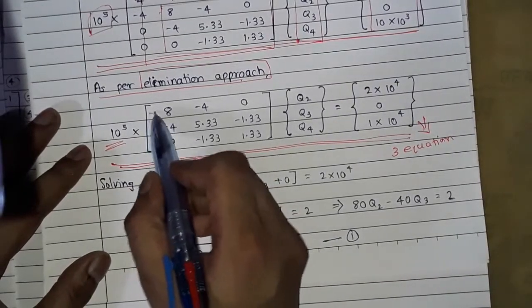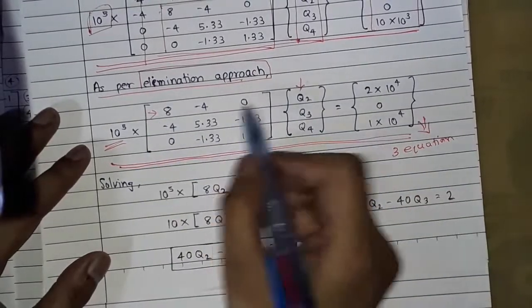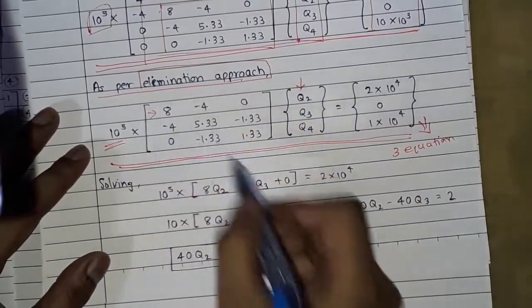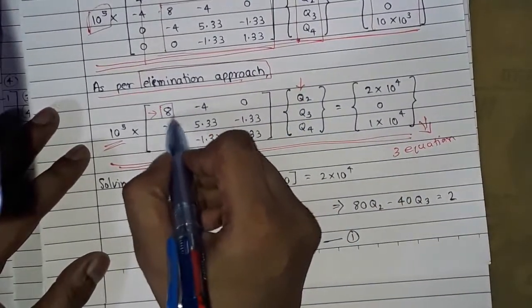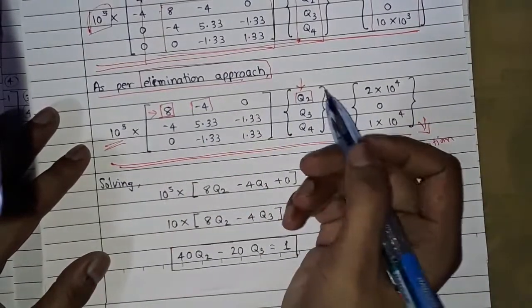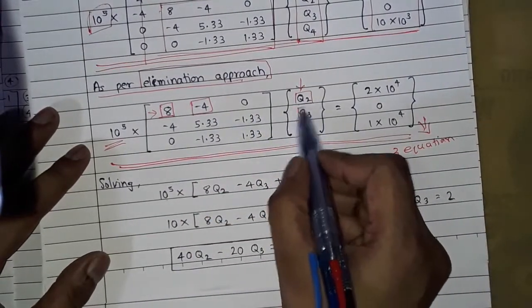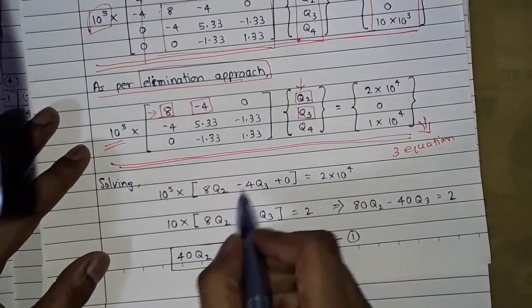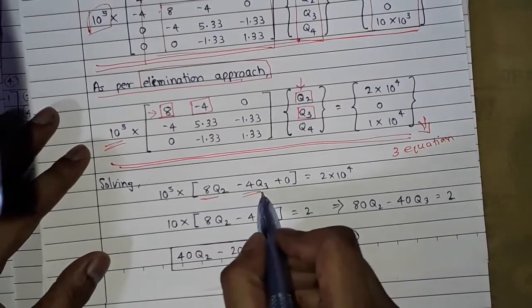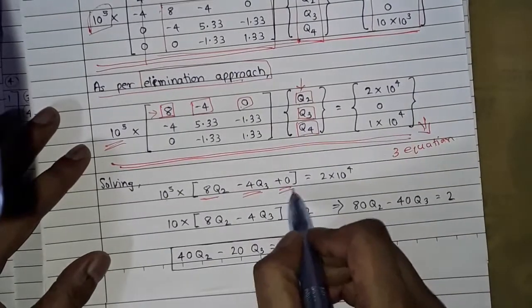Now first row, first column multiplication: 8 into q2 is 8q2, minus 4 into q3 is minus 4q3, and 0 into q4 is 0, plus 0.